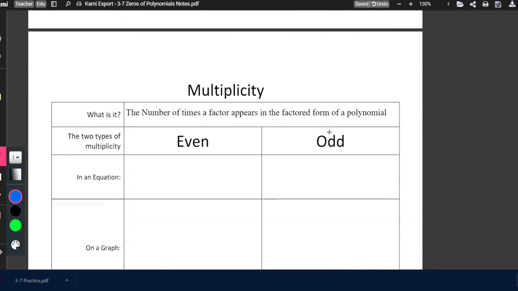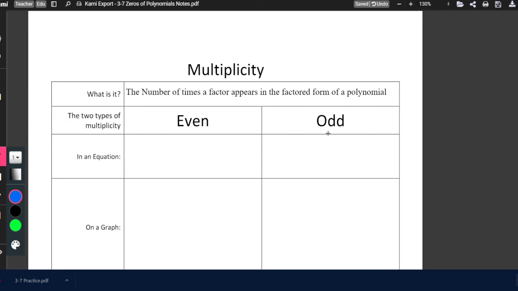This is what we're getting into next, and what we were just looking at was multiplicity. Multiplicity is the number of times a factor appears in the factored form of a polynomial. As we saw before, that's going to look something like y equals (x plus 2) squared. Actually, I'm just going to use the ones that were given, just because they're a little easier.